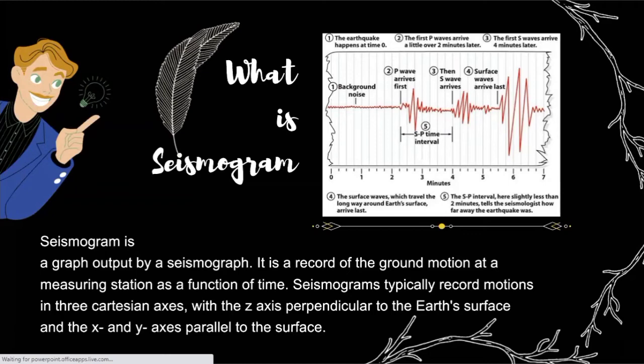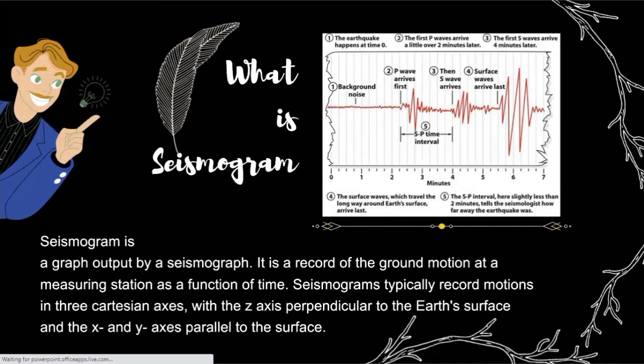First, the earthquake happens at time 0. Second, the first P waves arrive a little over 2 minutes later. Third, the first S waves arrive 4 minutes later. Fourth, the surface waves, which travel the long way around Earth's surface, arrive last.